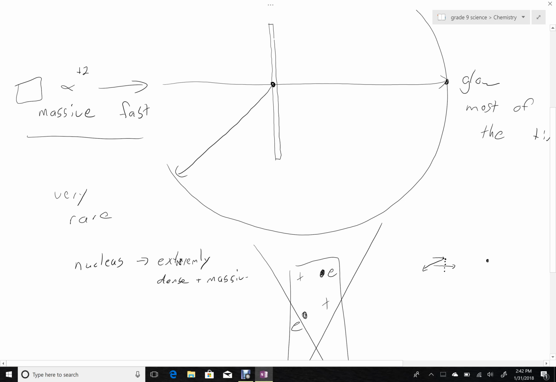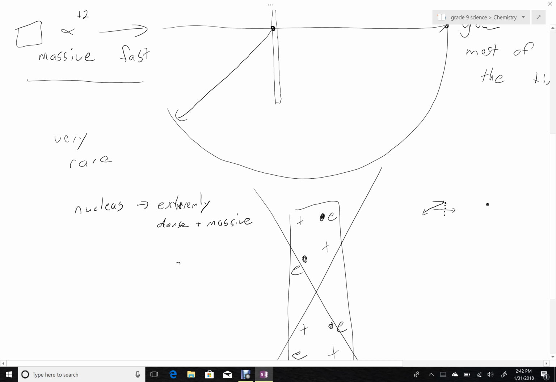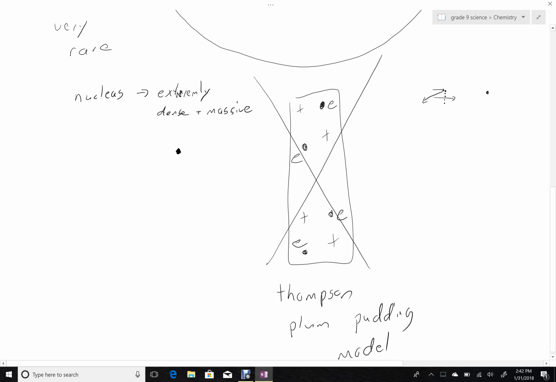And what that meant is that if all the matter had to be in this one tiny little location, the next nucleus over must be really far away because there just isn't that much matter to go around. And so he discovered that there are these extremely dense nuclear cores, but also that most of what we look at in a material is made up of empty space.